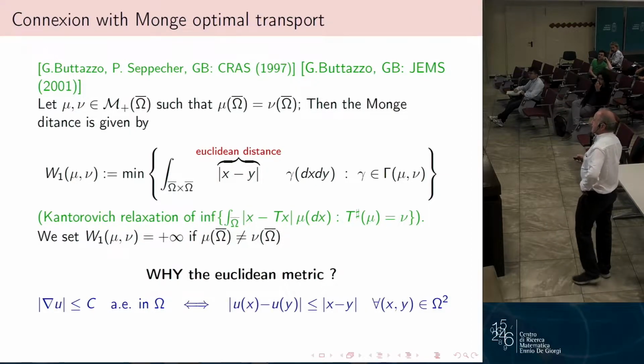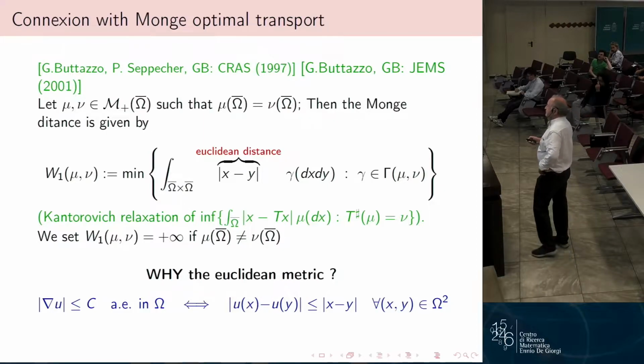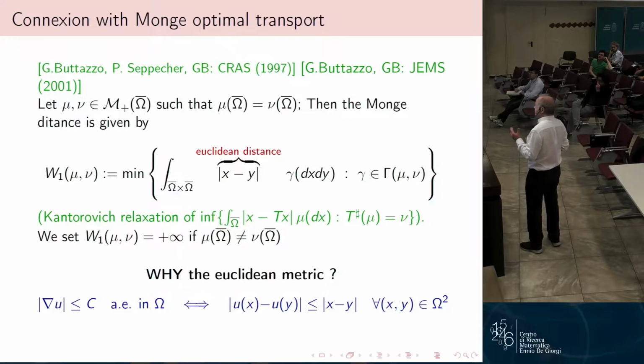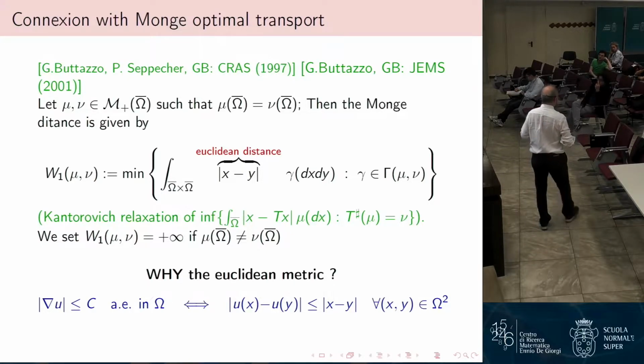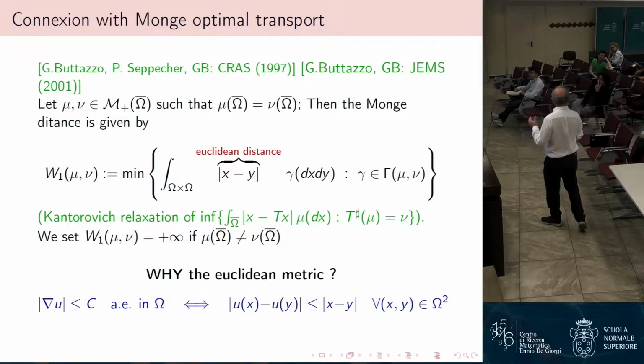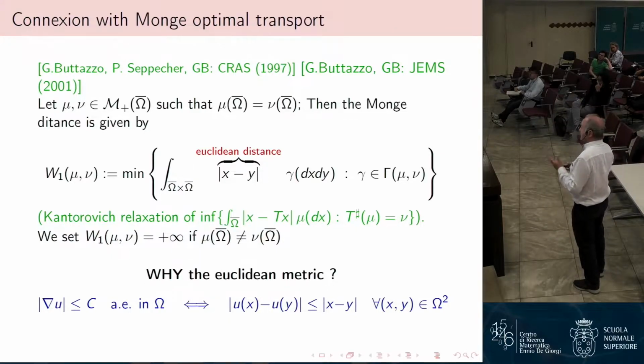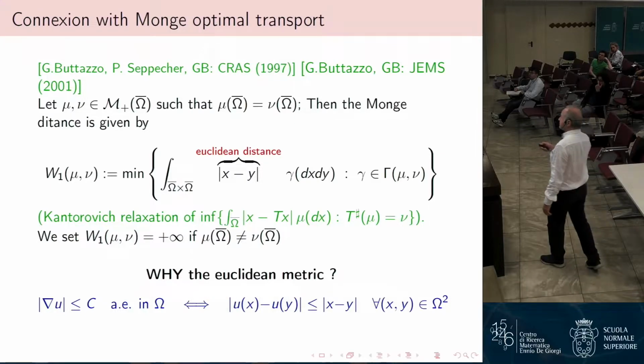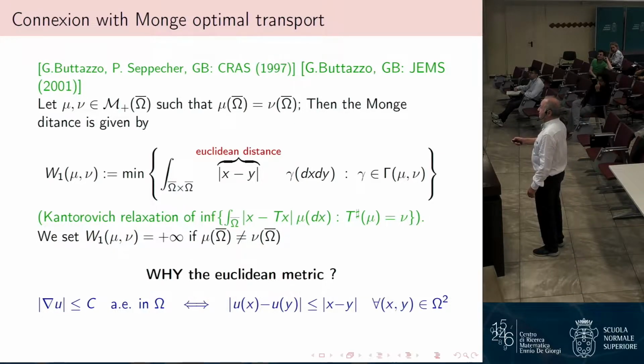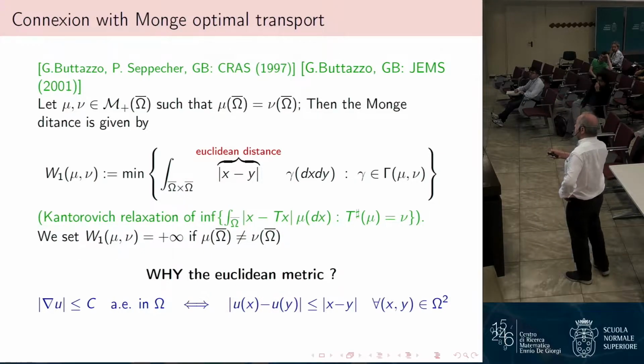Of course, it goes to the dual problem where you maximize a linear form with respect to U with a gradient constraint. And as is well known in Monge-Kantorovich theory, it is linked to the W1 distance, which I recall here.